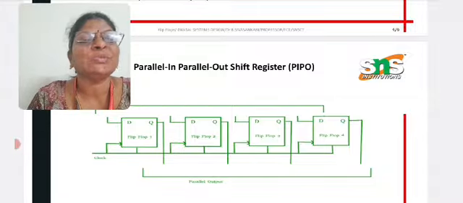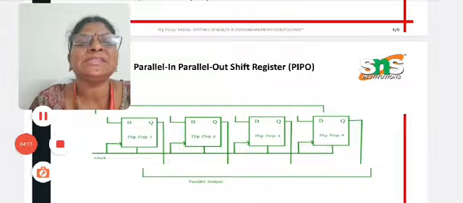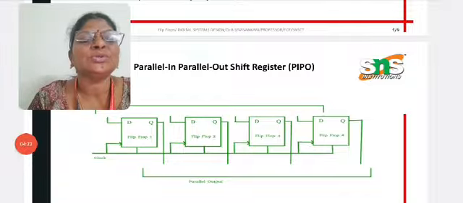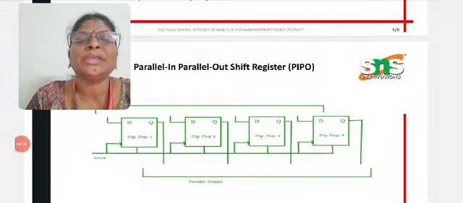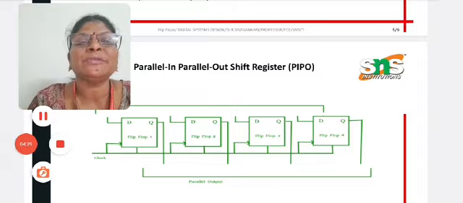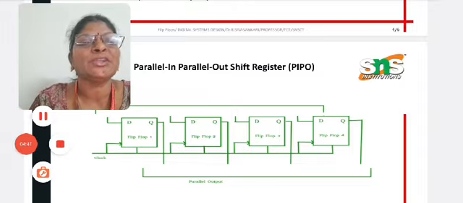And as usual, we have a clock signal which is used to drive the flip-flops. Parallel input is given to all the 4 D flip-flops, which can be named A, B, C, D. So your inputs are also A, B, C, D, and whatever you give in the input, the same will be received in our output.